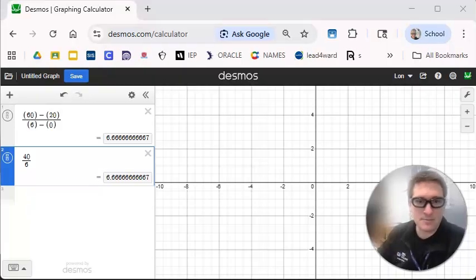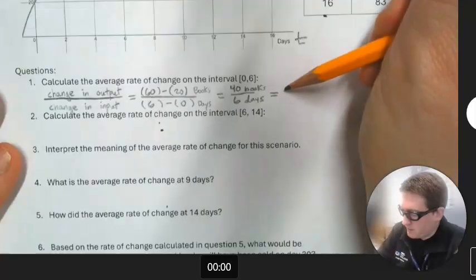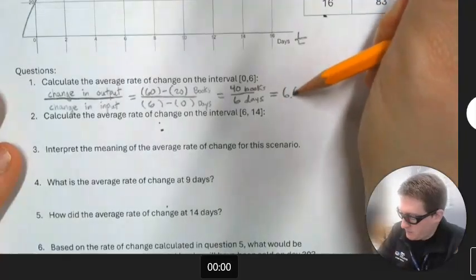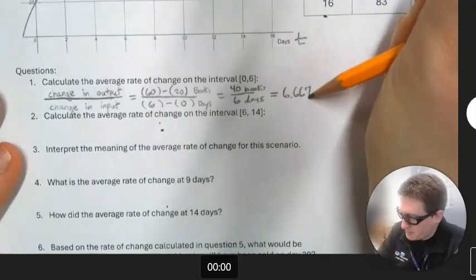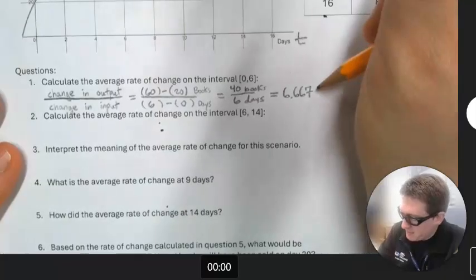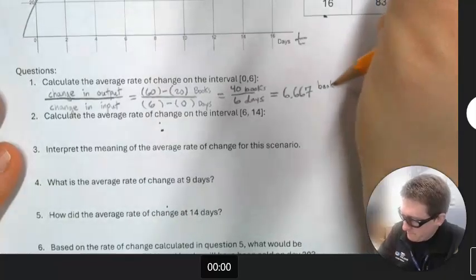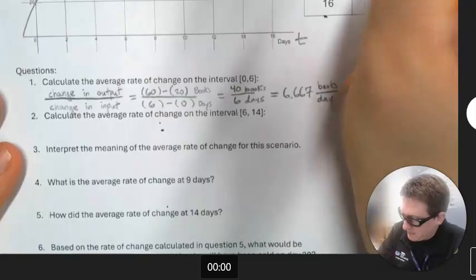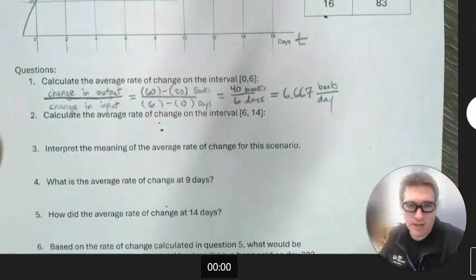I plug that into Desmos, and it looks like I have 6.6 repeating. For the sake of the AP Pre-Cal exam, we always do 3 decimal places. 6.667 books per day. So that's how many books I'm selling on average per day.